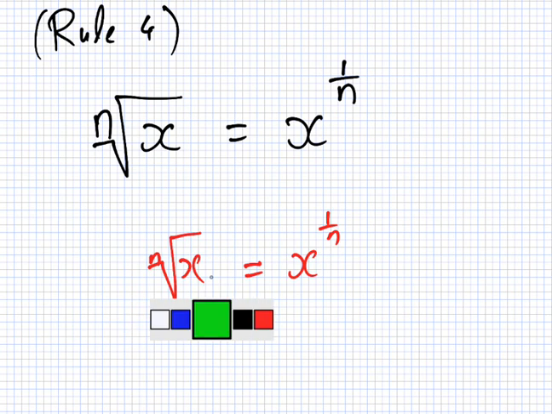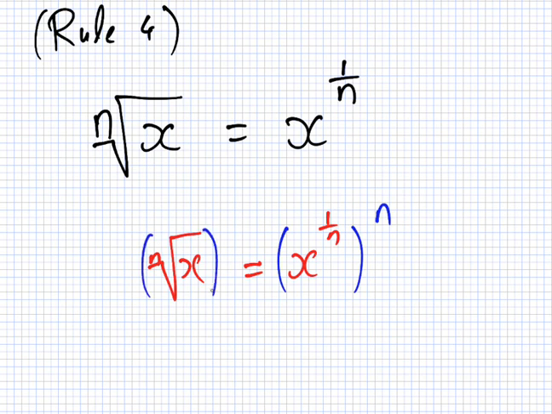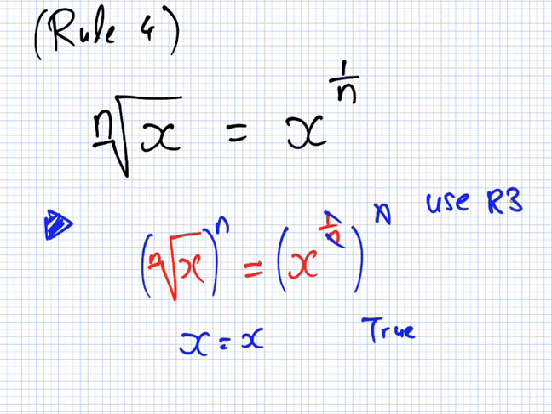If I put a power m on both sides here, what happens to these powers using rule 3? They multiply and you're just left with 1, so that's gone. If you have the square root of something and you square it, it's gone. If you have the cube root of something and you cube it, again they cancel. So you're left with x equals x, which of course is true. So the proof really uses, you need to use rule 3 to prove rule 4. So it's not too difficult to prove.